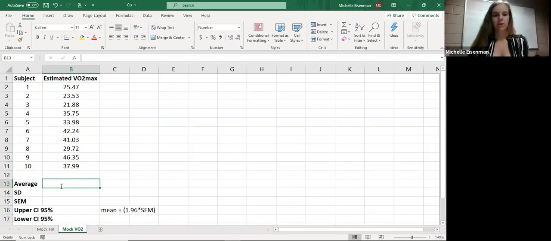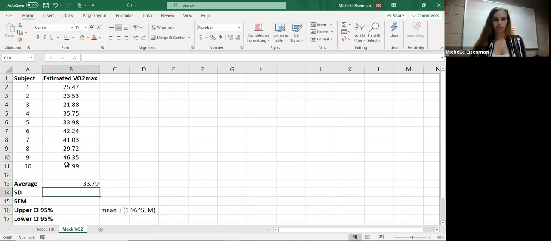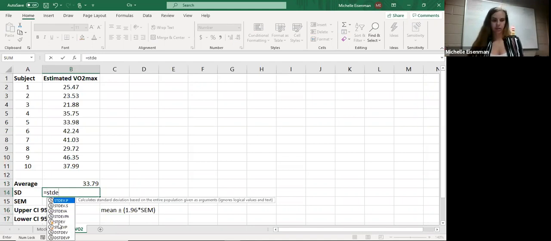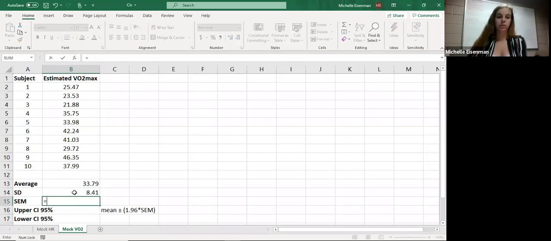So average is just equals average. Highlight your data. Right, standard deviation equals standard deviation, STDEV. Standard error of the mean, like I mentioned, is equal to standard deviation.